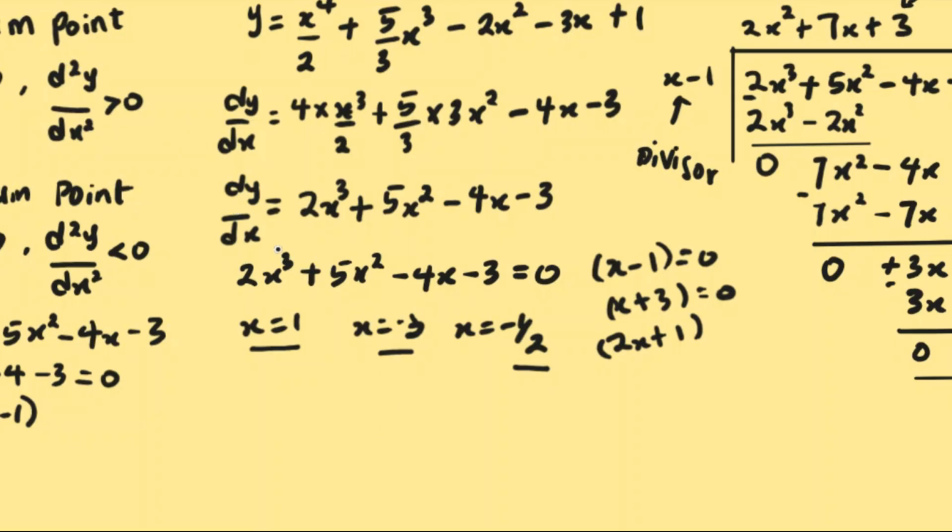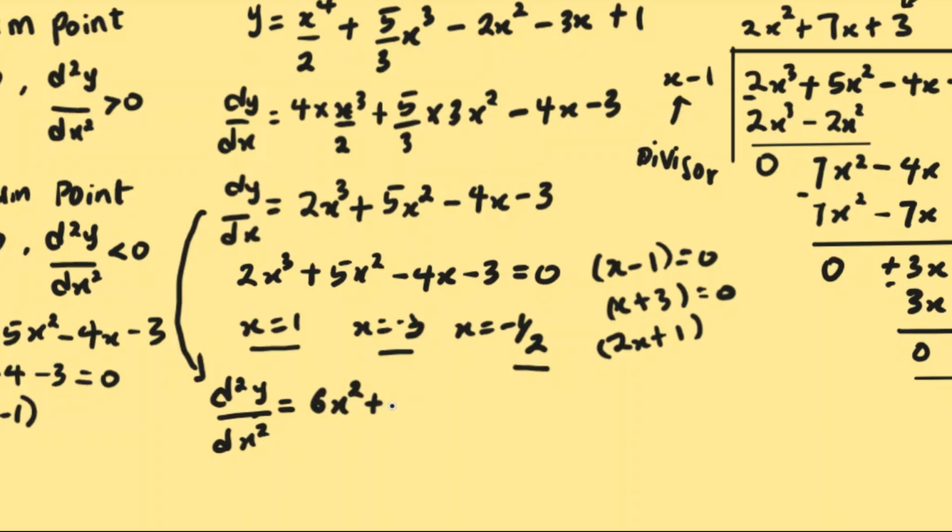Since we have gotten our dy/dx to be 2x raised to power 3 plus 5x squared minus 4x minus 3, we can find our second derivative. d²y/dx² will give us, if we differentiate 2x raised to power 3, 6x raised to power 2.